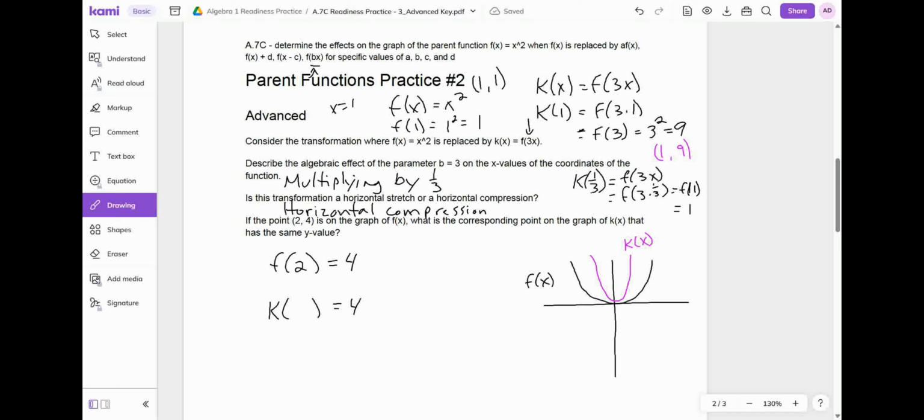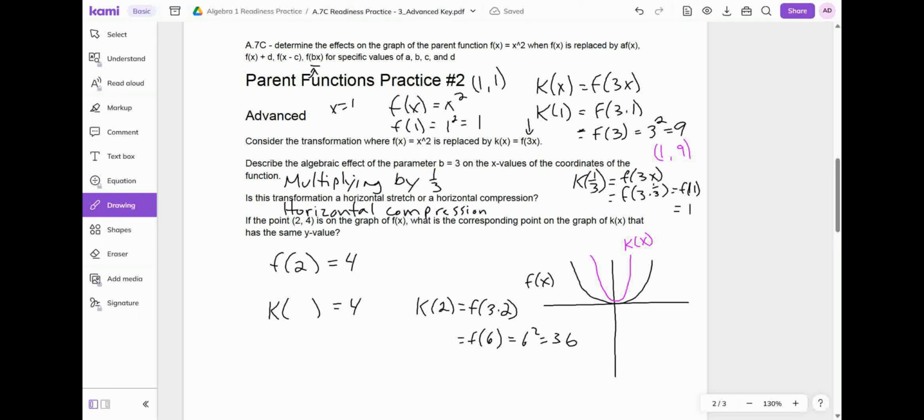Well, if I just put a 2 in there, it's going to be k of 2 equals f of 3 times 2, right? So that's going to be f of 6, which means you have to take 6 squared, which means you got 36. I don't want 36, I want 4.